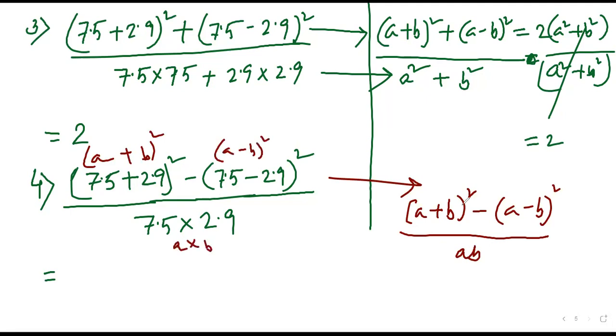Simple thing, just try to learn, try to identify the formula for (a plus b) whole square minus (a minus b) whole square. That is 4ab. So write directly 4ab, and at the denominator the term is ab. So after making cancellation the answer is 4. There is no need to make calculations for this example. Directly you can use the algebraic formula to find the value of this problem. So 4 is the answer.